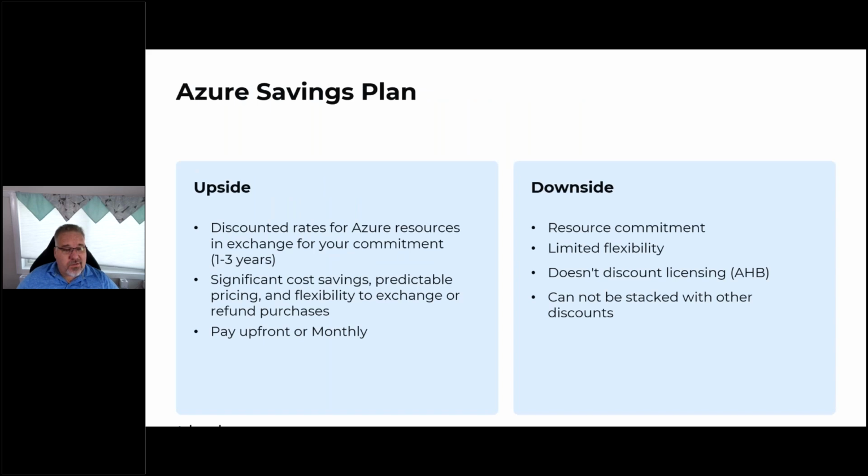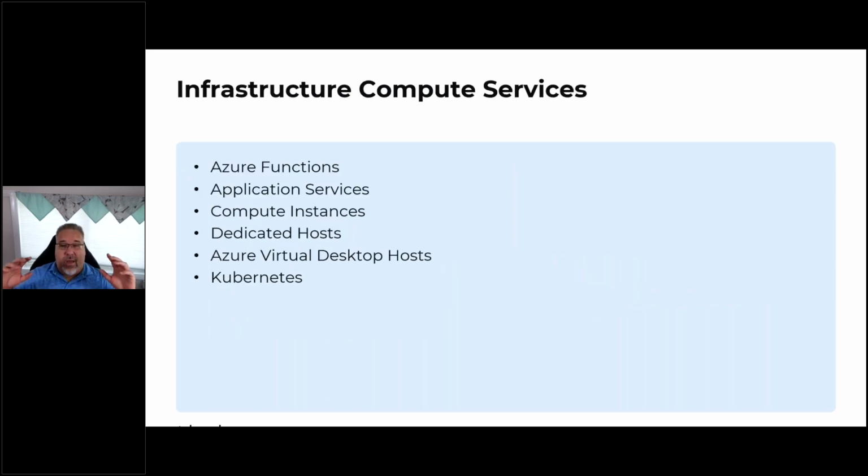So it's all infrastructure services. And so how it works is you would decide, or you would help your customer to decide how much money they would like to commit in a savings plan in either a 1 or a 3-year term. And basically it empowers the customer to use any resource that is under the compute list that I just showed you at any time in any region.